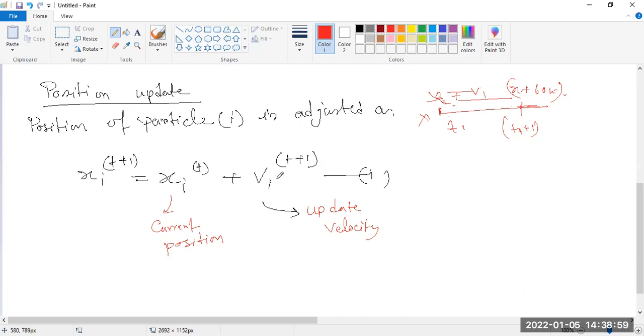And now the velocity of the particle is updated.